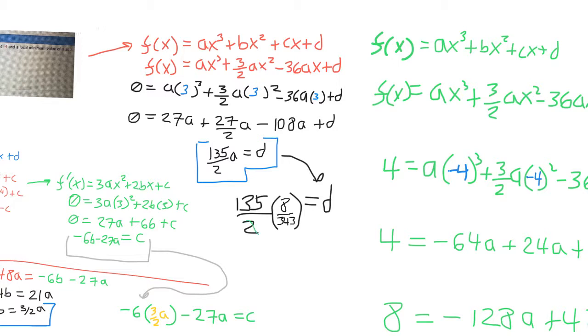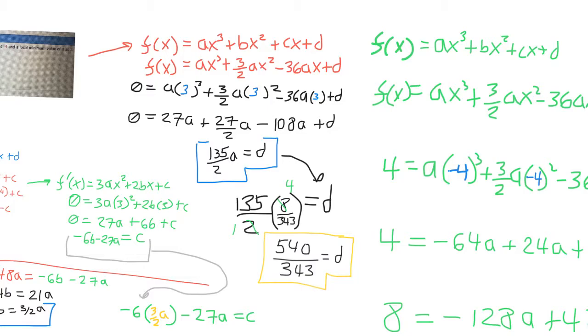So once again, we have a nice cross cancellation there. 135 times 4 over 343, working that out now gives us 540 over 343. Yellow box for that one.